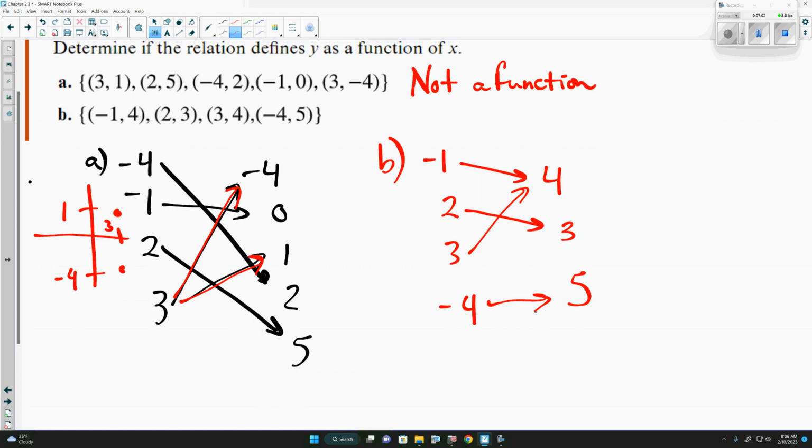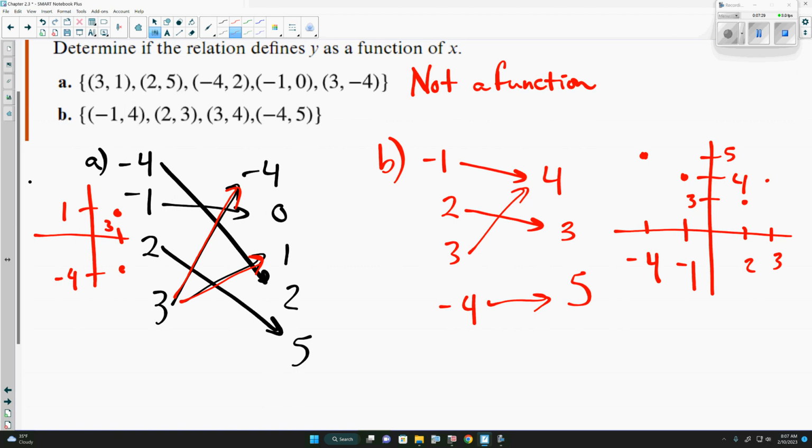And even if we looked at this graphically, this is still a function. Because at -4, we have 5. At -1, we have 4. At 2, we have 3.